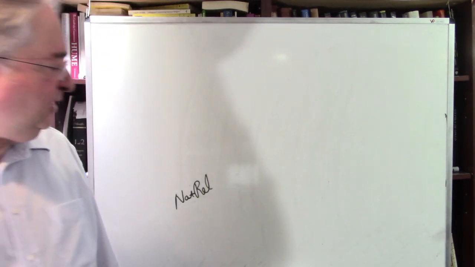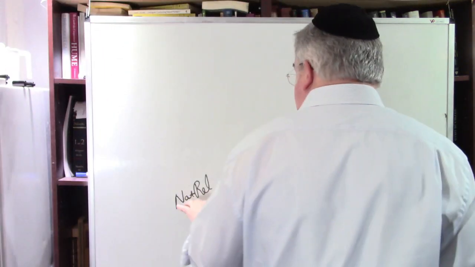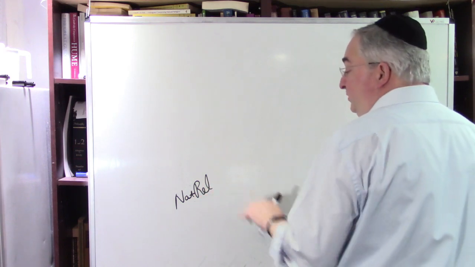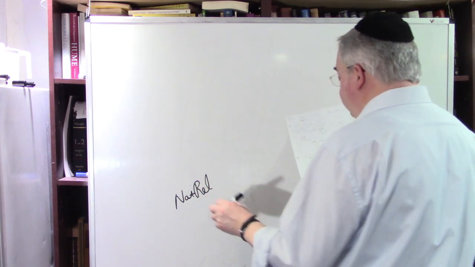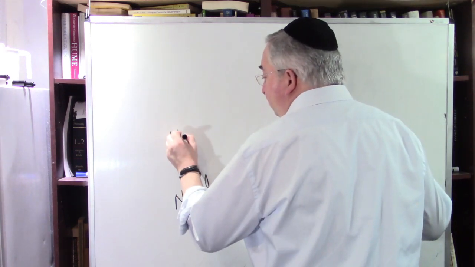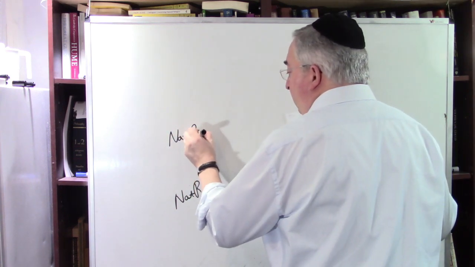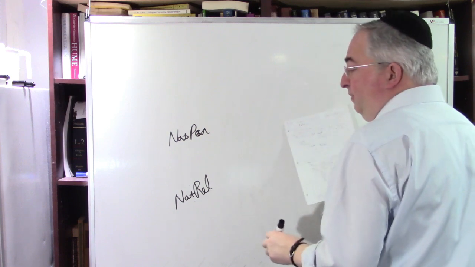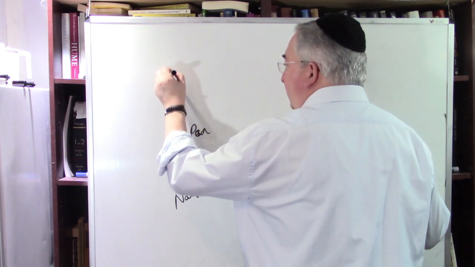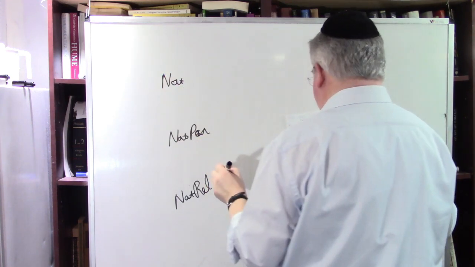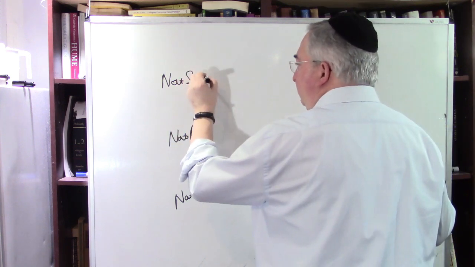Let's just remind ourselves what that is. The objects are sets of natural numbers and relations in between them. We also have Nat Par, those are partial functions, and Nat Set.